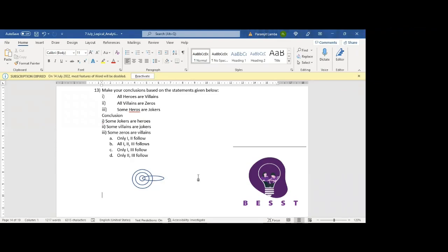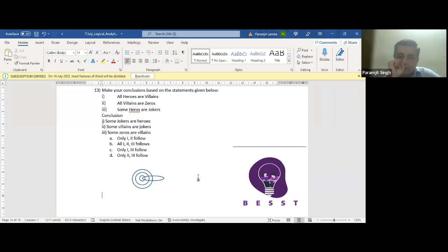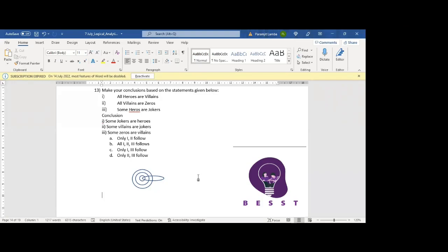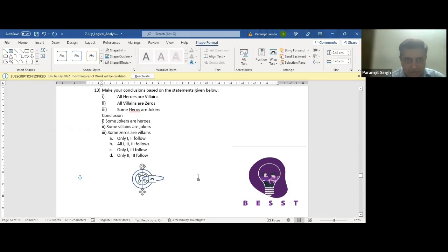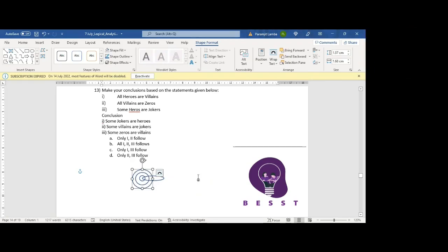Sir, because some jokers are heroes, so the joker circle lies in the hero circle region. It's some part, and likewise some villains are jokers, so it also covers part of the villain circle. These are heroes, these are villains, and all heroes are villains, all villains are zeros. Sir, the big circle is of hero.